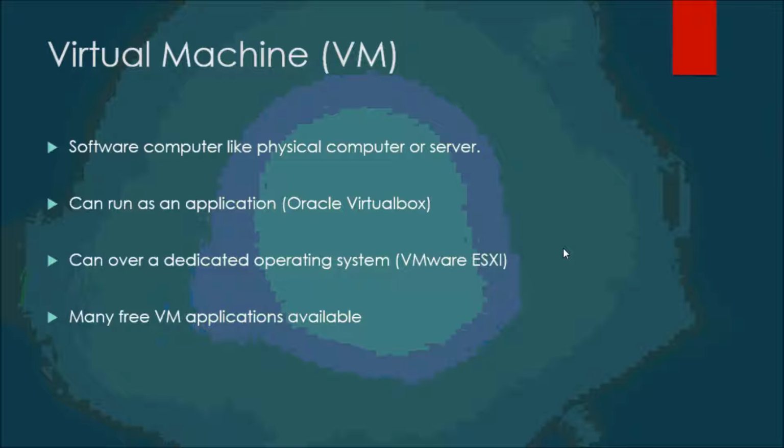You will be installing that as an operating system, and then on that operating system you will be creating virtual machines. I'll explain this in more detail in the next slides. There are many free virtual machine applications available. One of the very popular ones is VirtualBox.